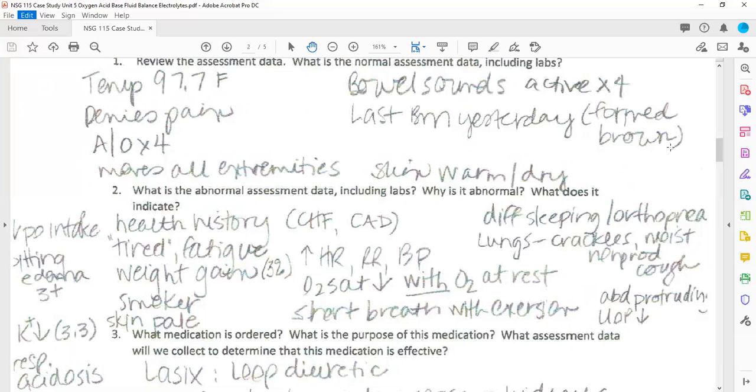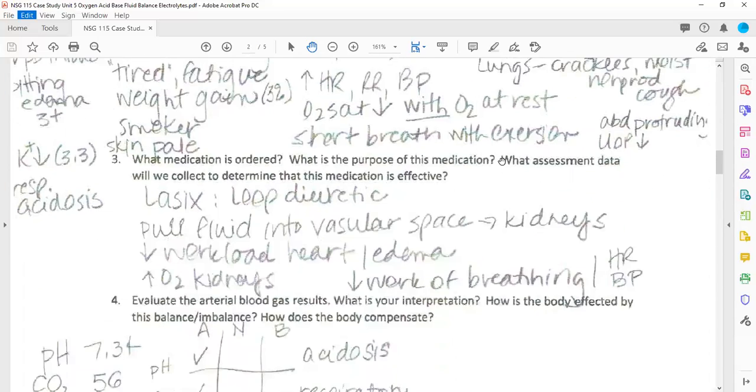He's short of breath with exertion. He has difficulty sleeping, that orthopnea. In his lung sounds, crackles, moist non-productive cough, abdomen protruding, decreased urinary output. All of those things that we're looking at as abnormal assessment data, these are the things that we're getting together and saying, okay, what does this mean for my patient? What nursing labels or nursing descriptors can I put with this to describe what's going on with my patient? If he has decreased PO intake, I would think that he has the possibility of, and let's move down here, I went ahead and wrote those down here too.